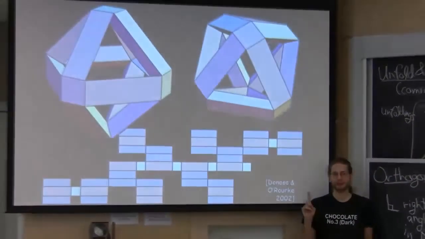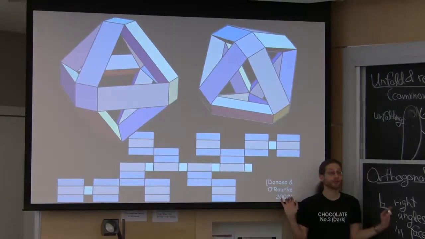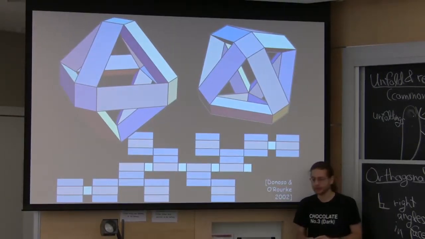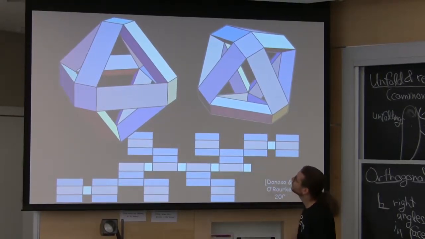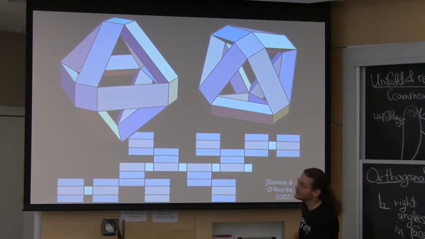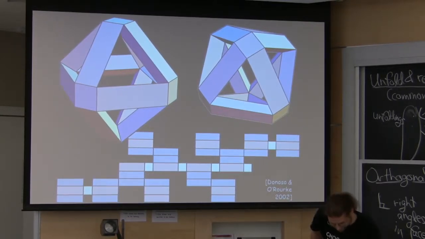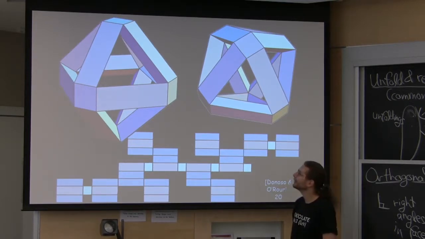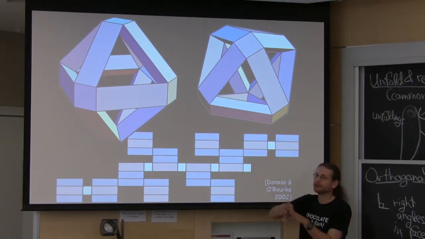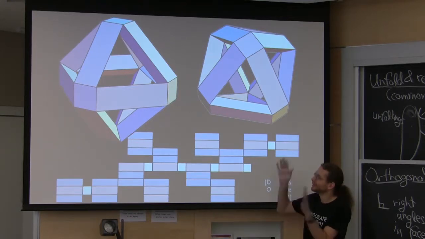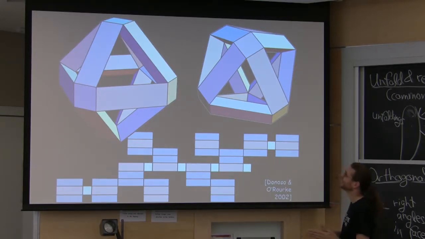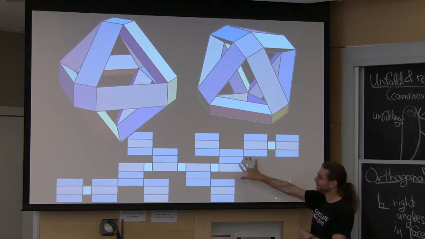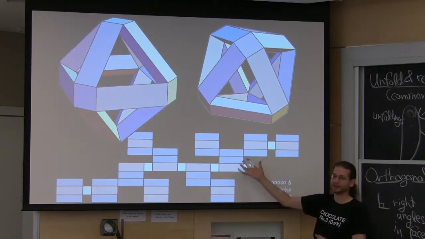But for genus 0 polyhedra, they are the same. That's maybe the surprising thing. This is a genus 8 polyhedron. No, 7. So it's a little tricky to measure genus. Anyway, it's genus 7. I'm going to try to convince you. This is an unfolding of the thing. So you can see in the unfolding, it looks like it's an orthogonal polyhedron.